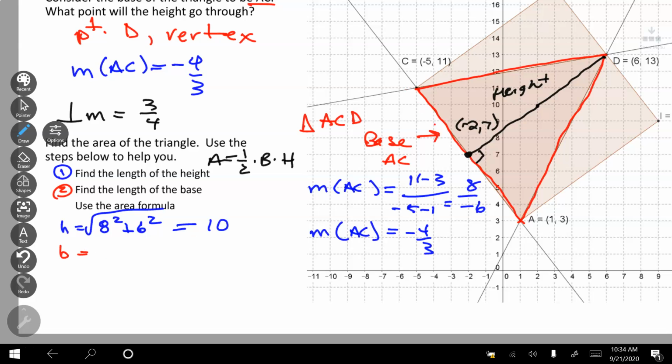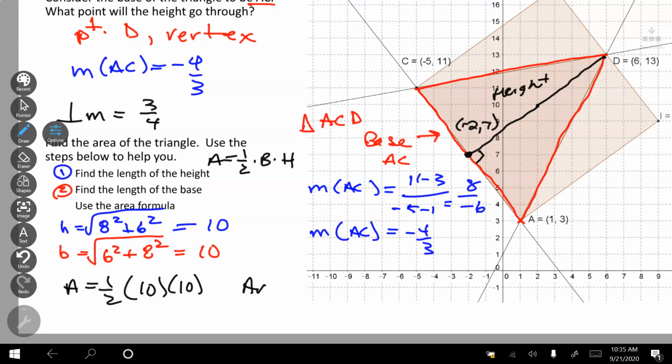Here's my base AC, my change in x is 6, my change in y is 8. I get that, and that is also equal to 10. And I do area is 1/2 times 10 times 10, and I get my area is equal to 50, which is exactly the same size as the first triangle I had.